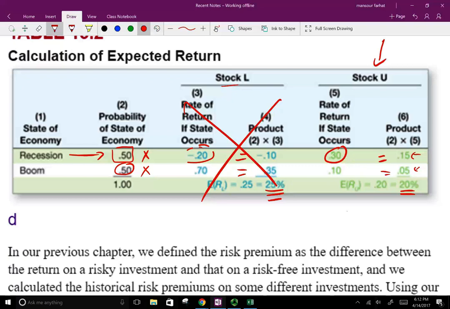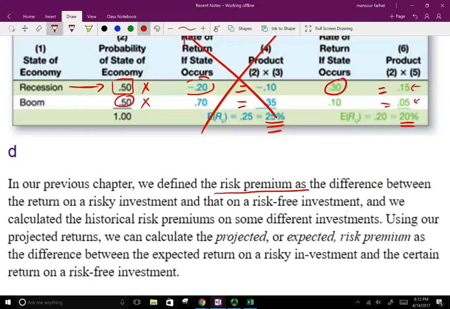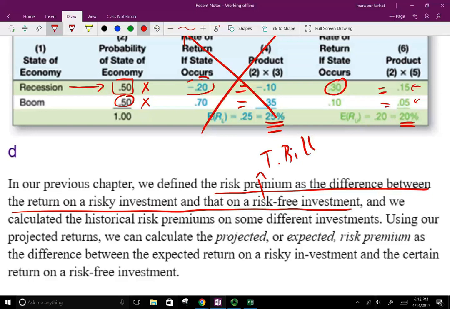Now, if you remember what we did in the previous chapter, we defined the risk premium as the difference between the return on a risky investment and that of a risk-free investment. And remember, we talked about the T-bill as a risk-free investment, and the rate was 3.5. We calculated the historical risk premium on some different investments using the actual return.